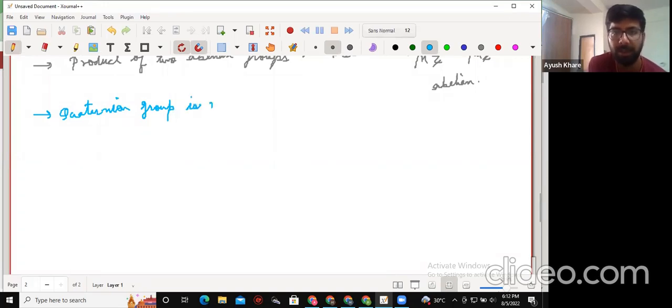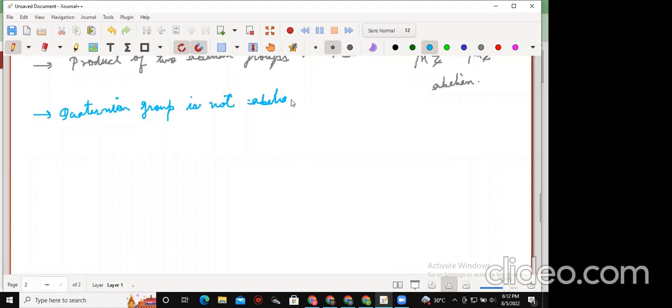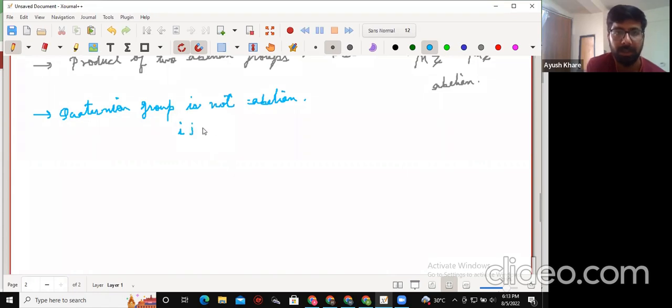Why it's not abelian? Any two elements which do not commute? Because i dot j is k, but j dot i is minus k. Yes. Thank you, Shalini. So clearly ij is not equal to ji, right? It's equal to minus of ji, which is not equal to ji. So that's why it's not abelian.